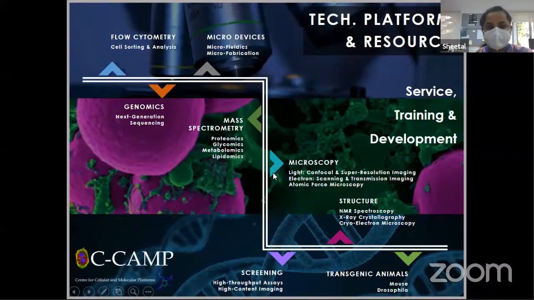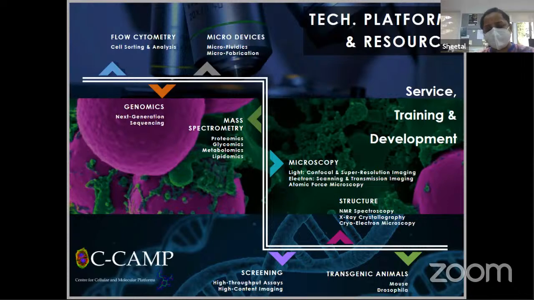In microscopy, where we have more detail today, we have confocal and super resolution imaging. In electron microscopy, we have scanning and transmission imaging. We also have atomic force microscopy. In structural analysis, we provide services in NMR with 600 and 800 MHz, X-ray crystallography, and cryo-electron microscopy. In transgenic animals, we have mouse and Drosophila.